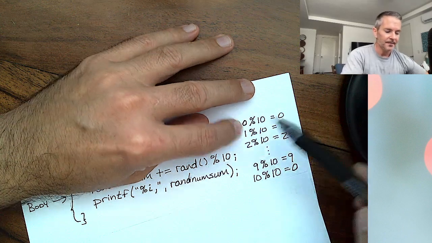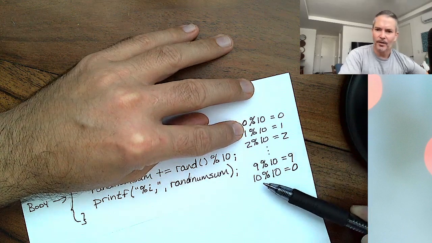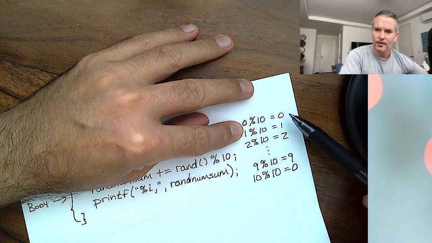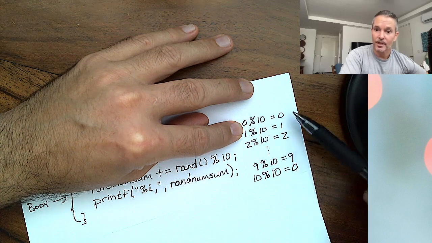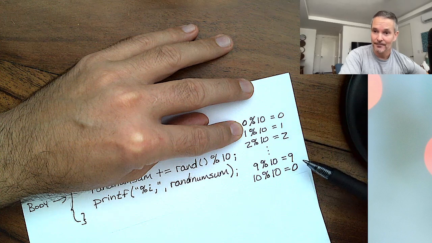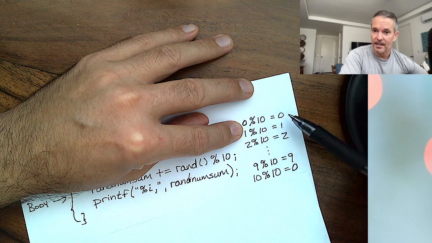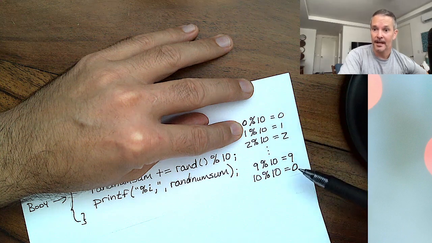So as you can see, if I have any number and I take its modulo by 10, the result will be a number between 0 and 9. So when I modulo by 10, I'm saying, give me a number between 0 and 9.